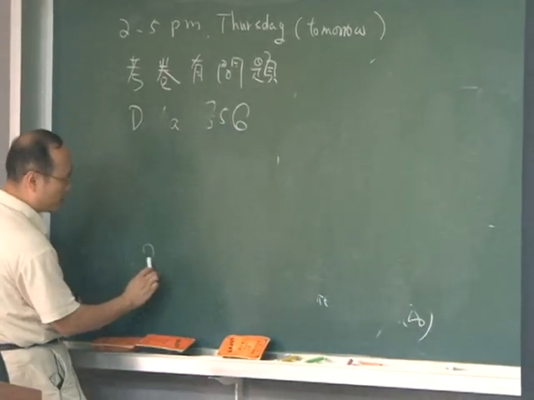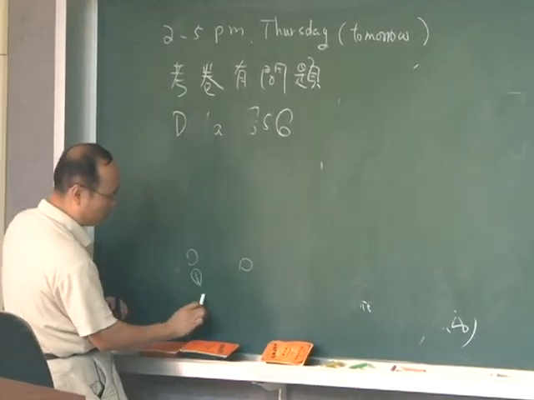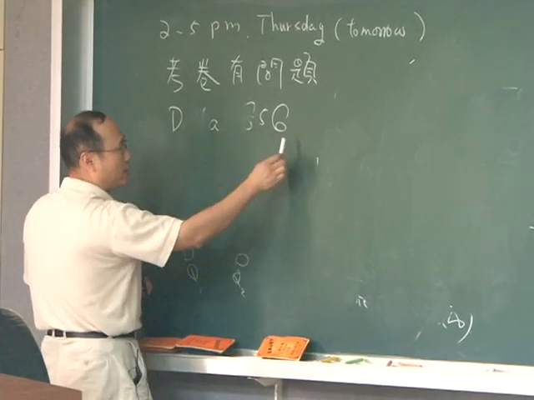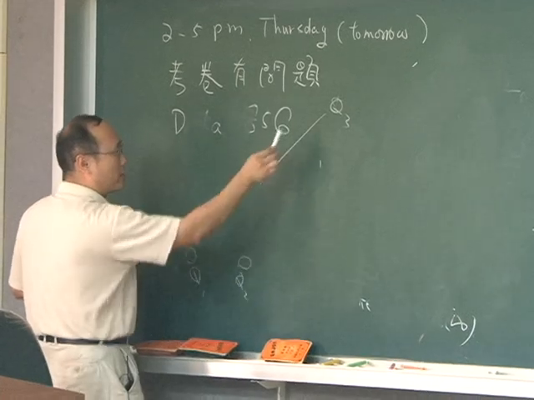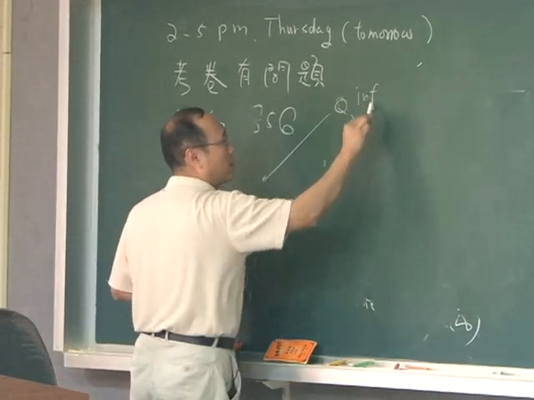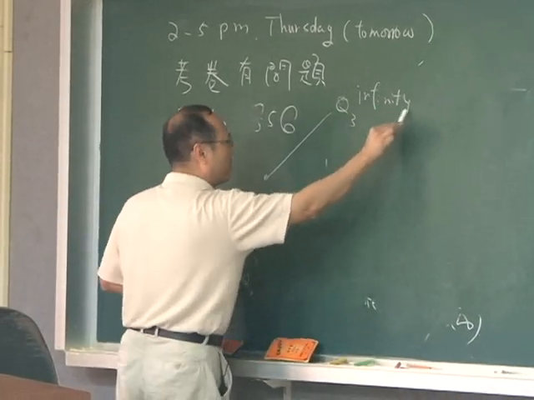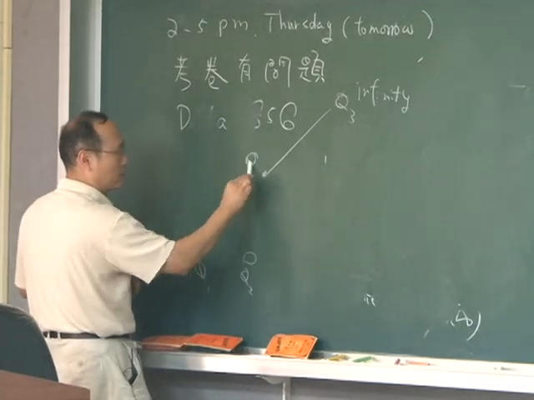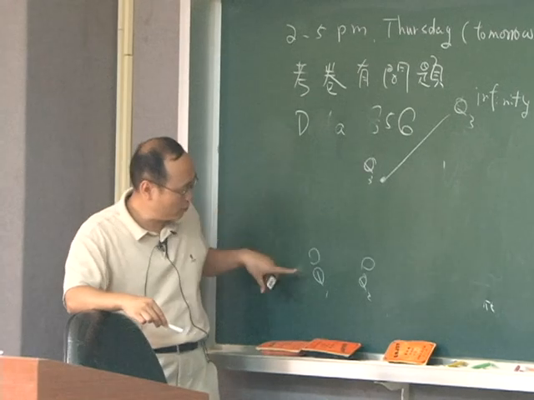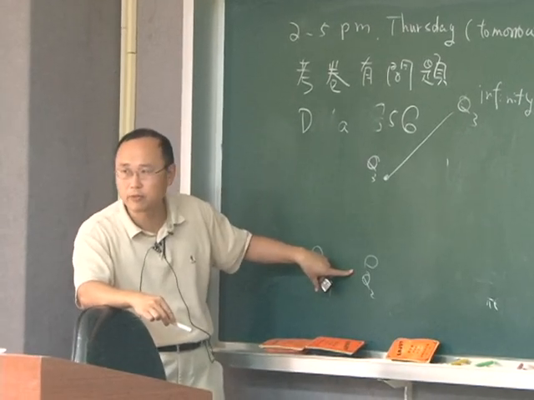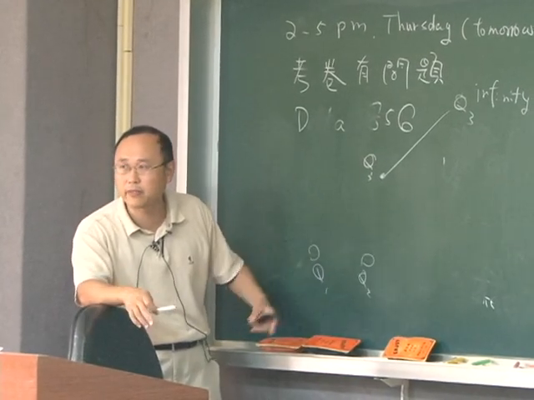So we just did one experiment. This is Q1, Q2, and then you bring Q3 from infinity to a location. But you can do the same thing for Q1 and for Q2. You're going to end up having the same answer.